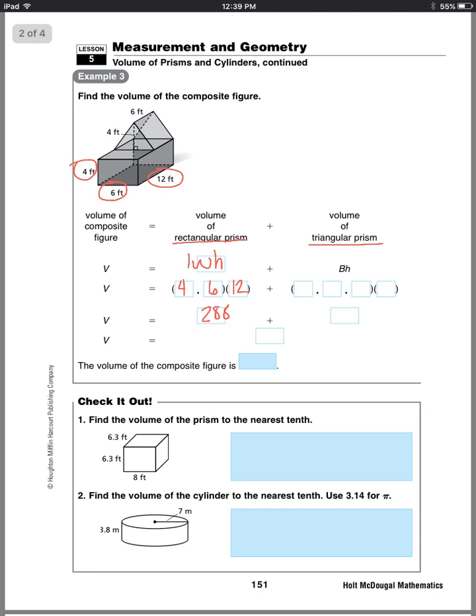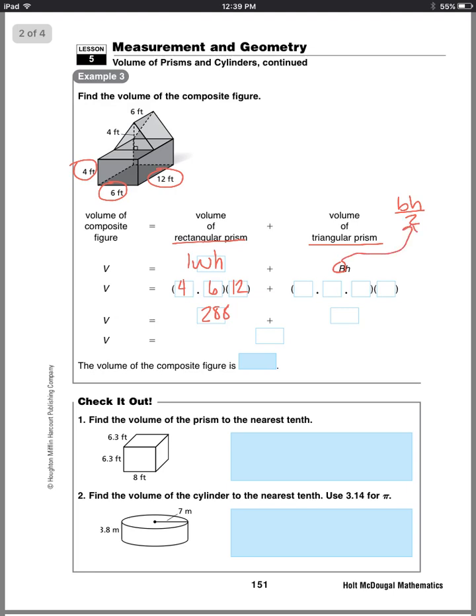volume of the triangular prism, which again is the area of the base, that's why there's a capital B, times the height. Now remember, a triangular prism has triangle bases, and to find the area of a triangle, we do base times height over 2. So for the capital B, we are using base times height over 2.